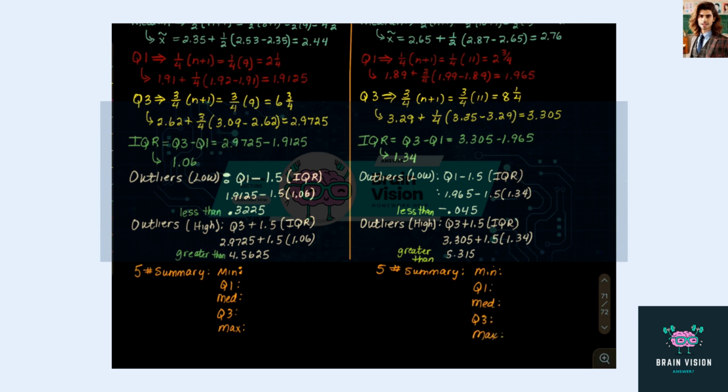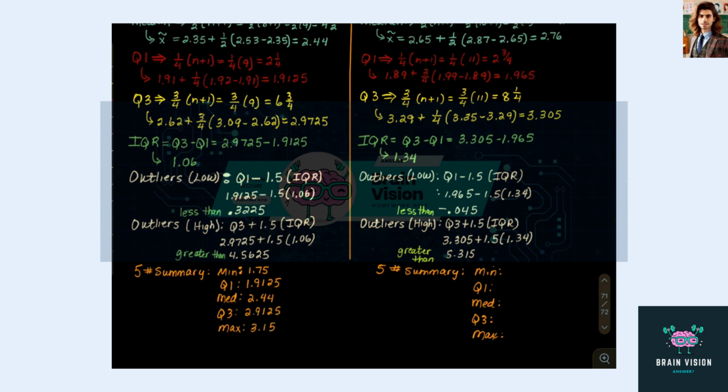So for the original data, our minimum is 1.75. Our Q1 was 1.9125. Median was 2.44. Q3 was 2.9125. And maximum was 3.15.